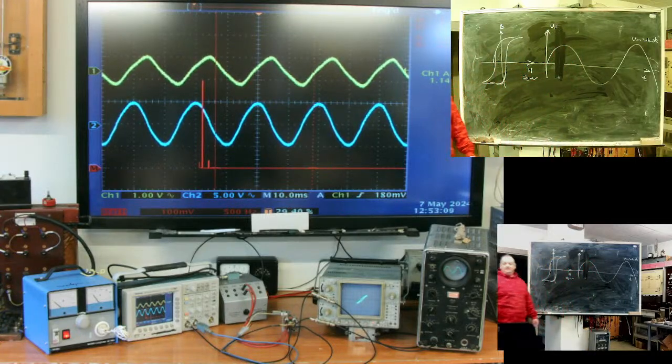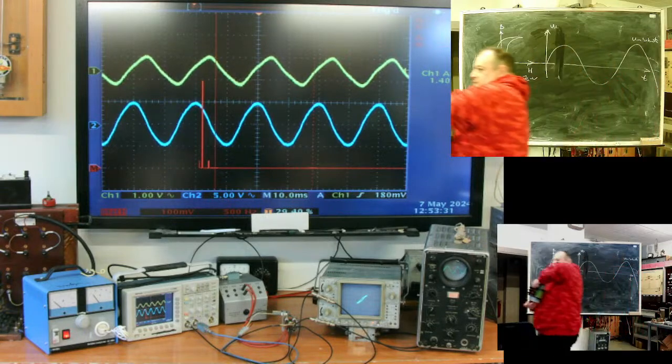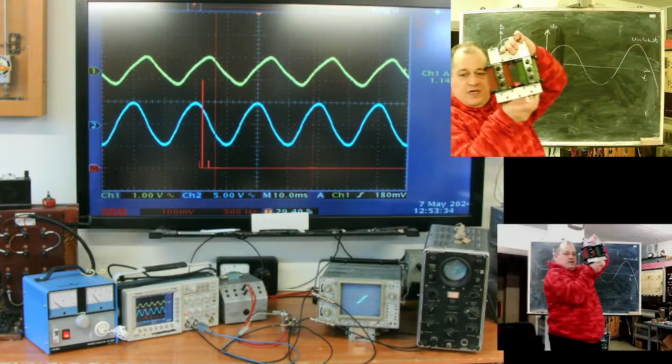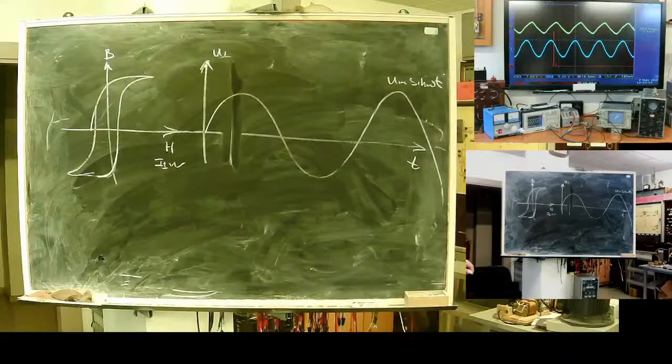What happens? Transformer. This is primary voltage. I connected it to the network. What happens next?